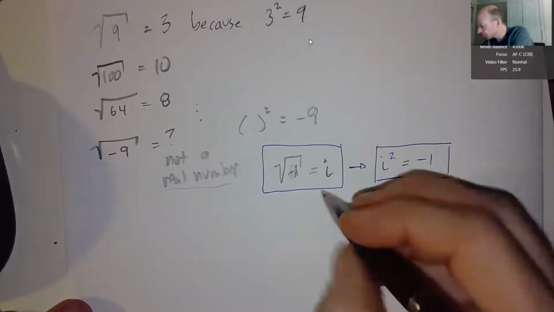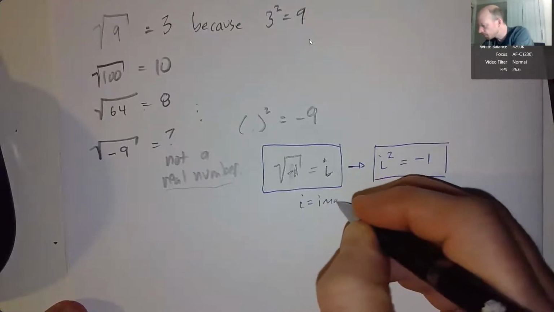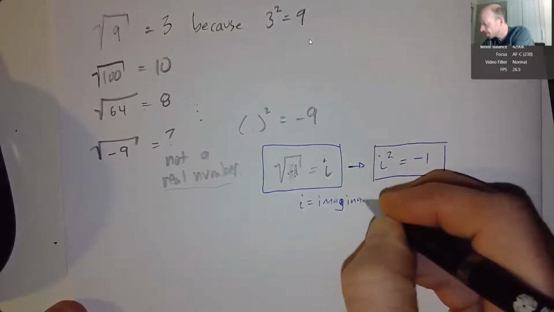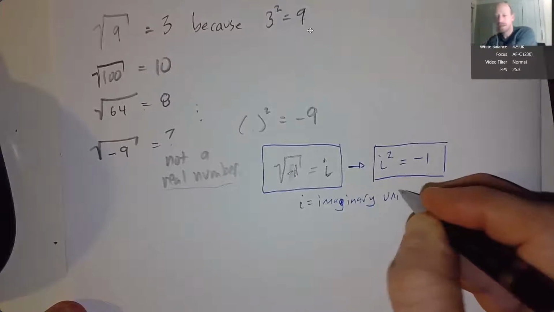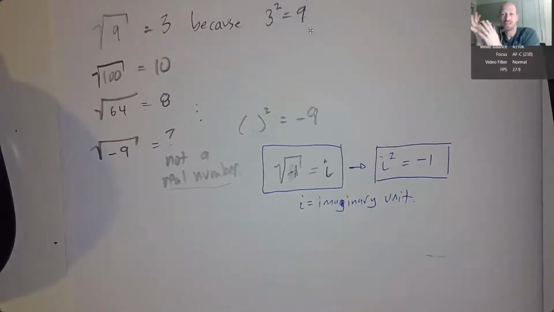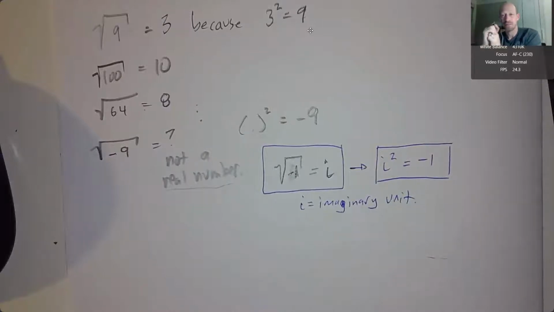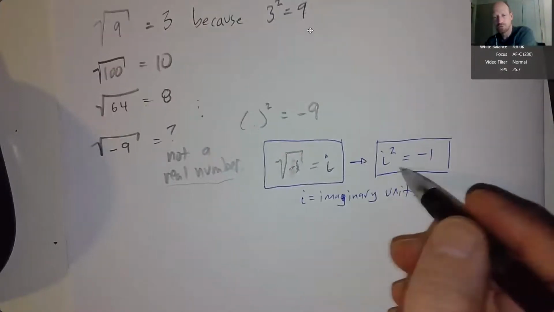And i is called the imaginary unit. And again, that name imaginary comes because it's not a real number. It's kind of like a bad math joke, actually, but that's not my thing. It's kind of math puns and stuff, but it is what we call it. So imaginary unit, but don't think of it as anything different. It's just a value. It has some special properties, and these are its special properties.